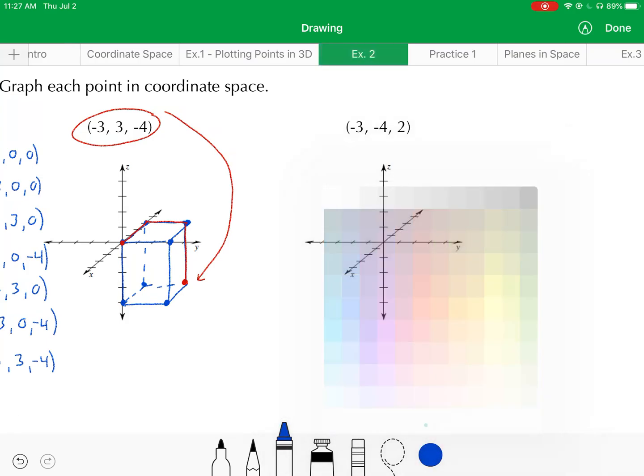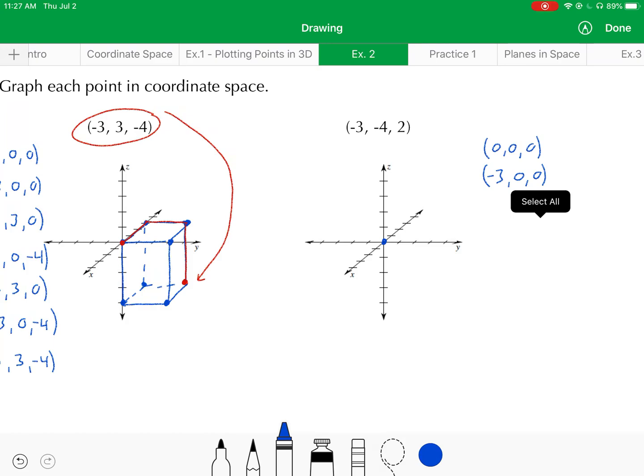So once again, I'm going to plot the origin as my first corner to the box. Then I'm going to plot my x, my y, and my z axes or intercepts. So for this point, the x-intercept would be at -3.